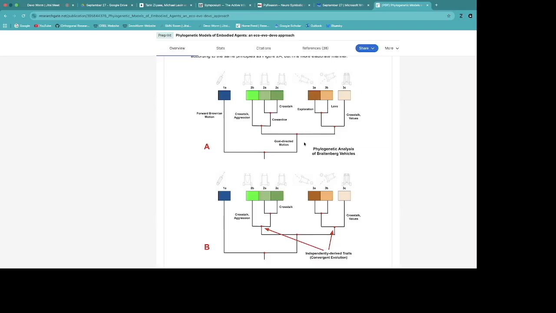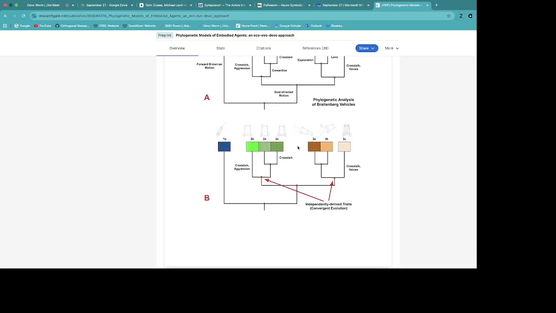And then we have this other architecture, which is multiple connections from a group of sensors to a group of effectors, or to one effector, and that exhibits different types. So there's crosstalk in this one, multiple forms of crosstalk, and this gives us a behavior called values. The common ancestry between 2 and 3 is this goal-directed motion as opposed to Brownian motion.